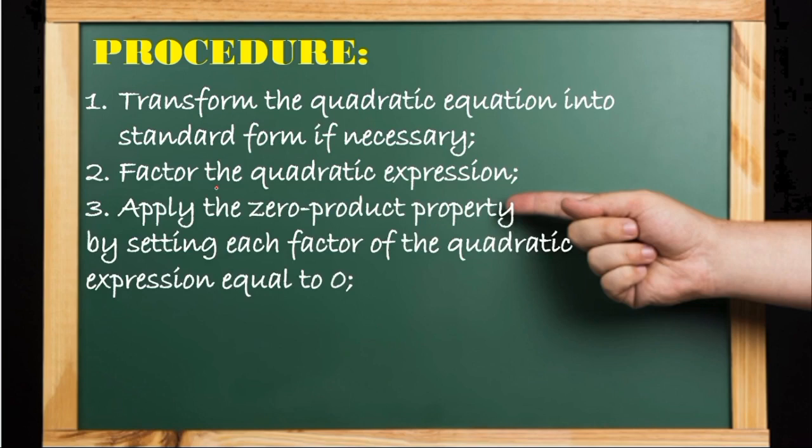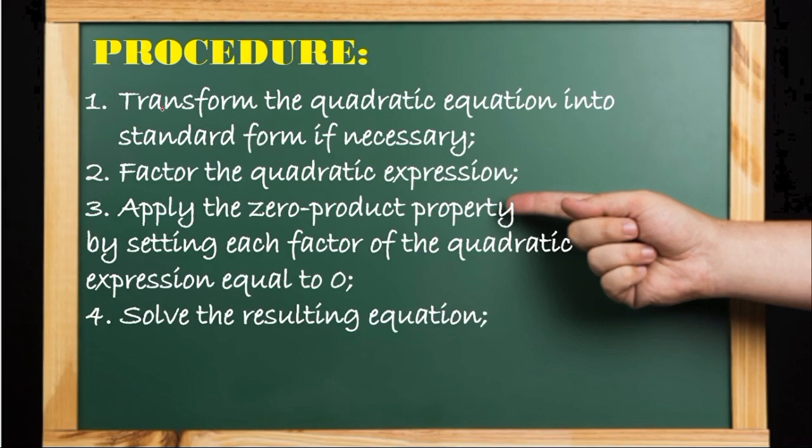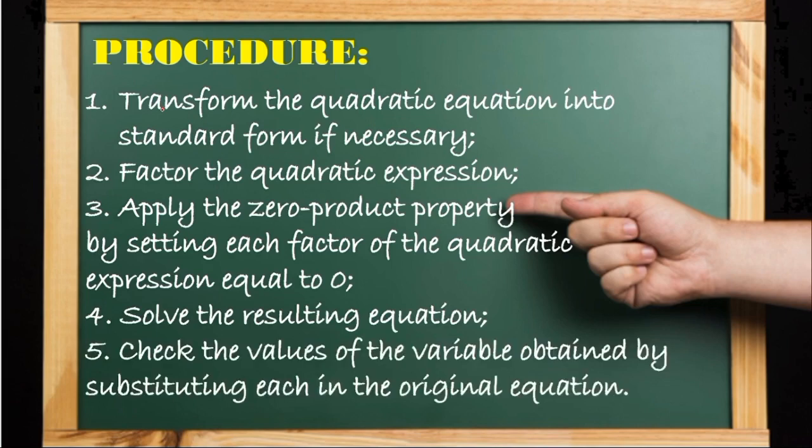Apply ZPP, or the zero product property, by setting each factor of the quadratic expression equal to 0. 4. Solve for the resulting equations. 5. Check the values of the variable obtained by substituting each in the original equation. You will do number 5 only if you want to be sure of your answers.